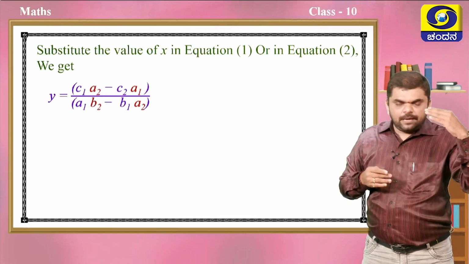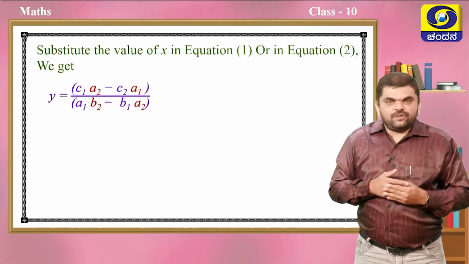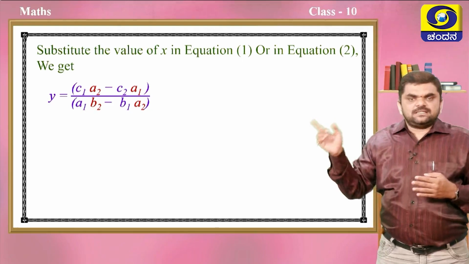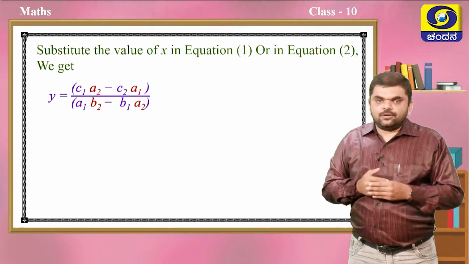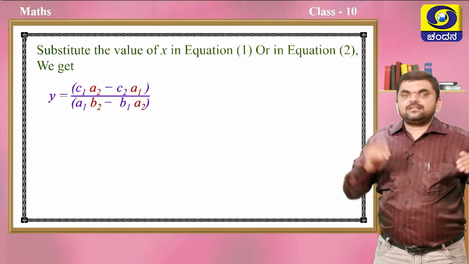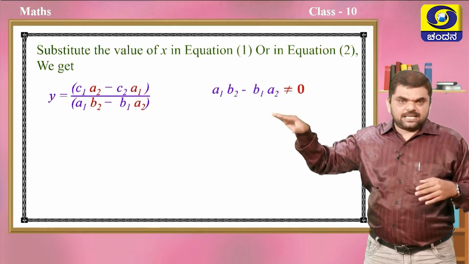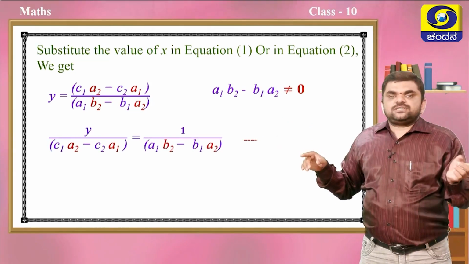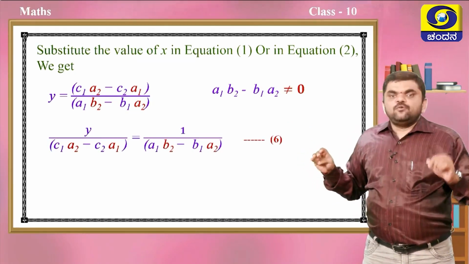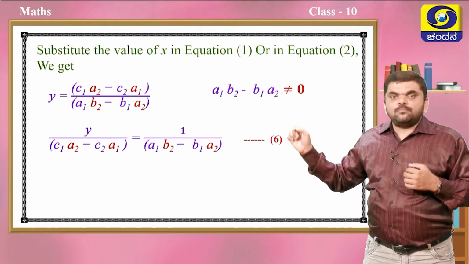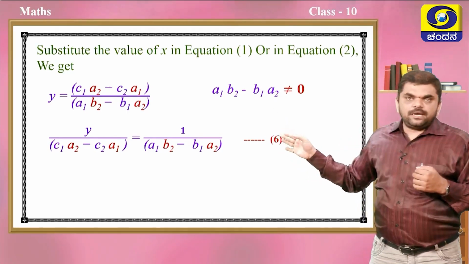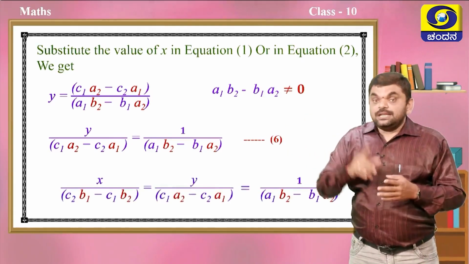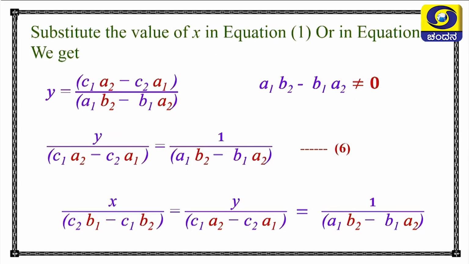I am directly giving the value of y is equal to c1 a2 minus c2 a1 over a1 b2 minus b1 a2. Again we are transferring the numerator of the right hand side to the LHS, which becomes the denominator here. y by c1 a2 minus c2 a1 is equal to 1 over a1 b2 minus b1 a2. Let us consider this as equation number 6.